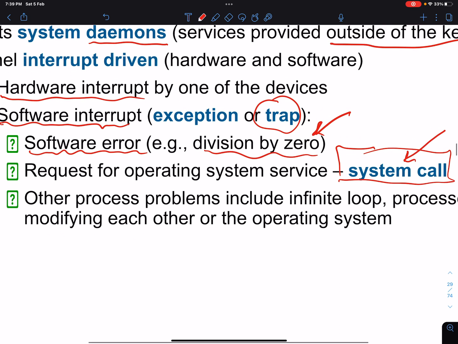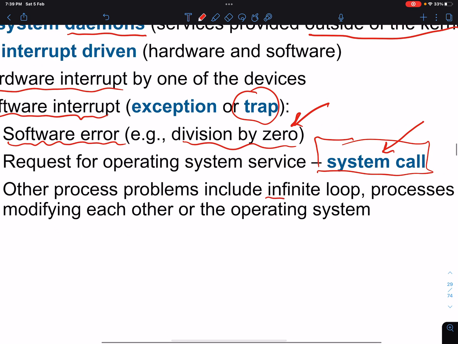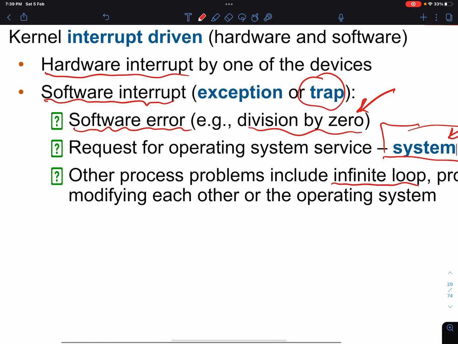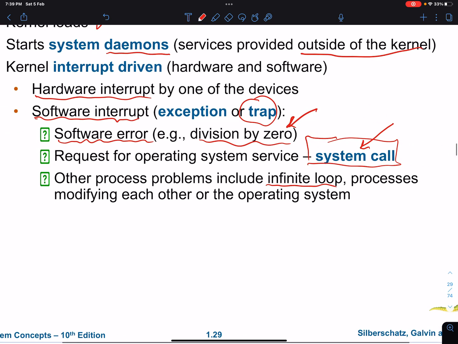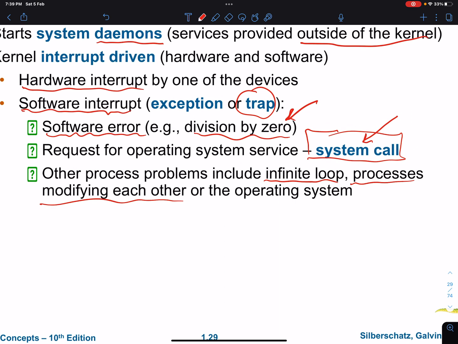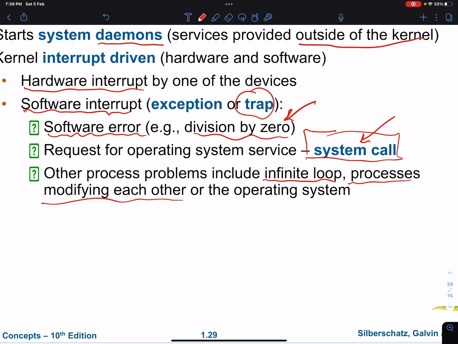If you have other process problems, like infinite looping, or invalid access, like processes modifying each other, that would also generate an interrupt.